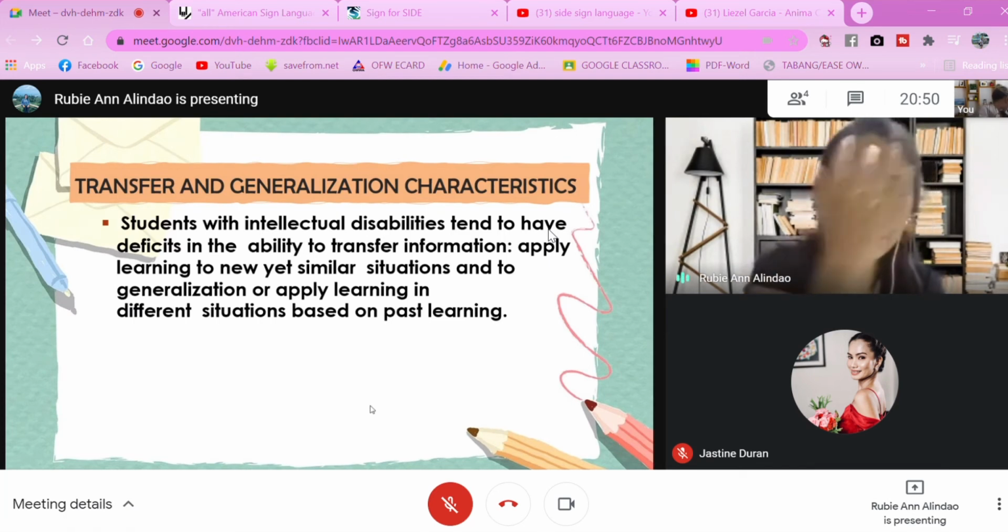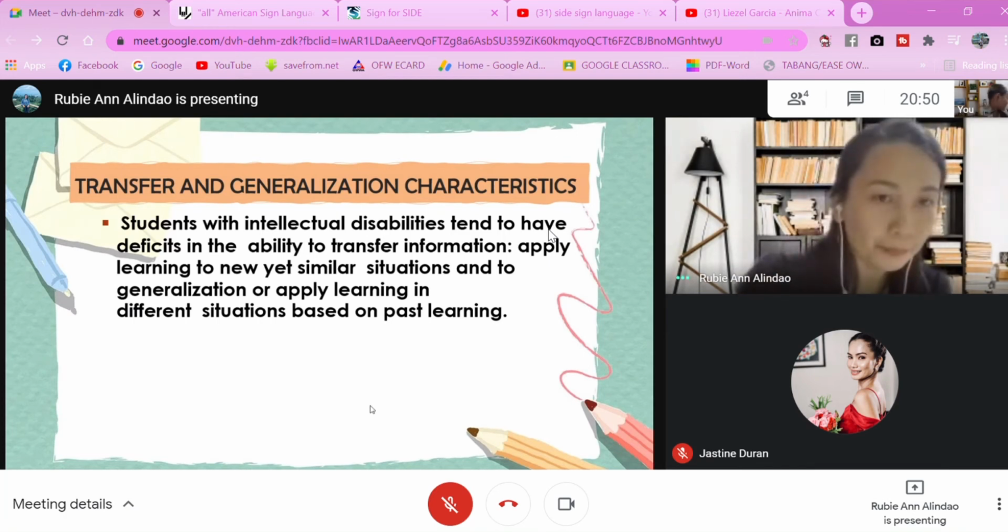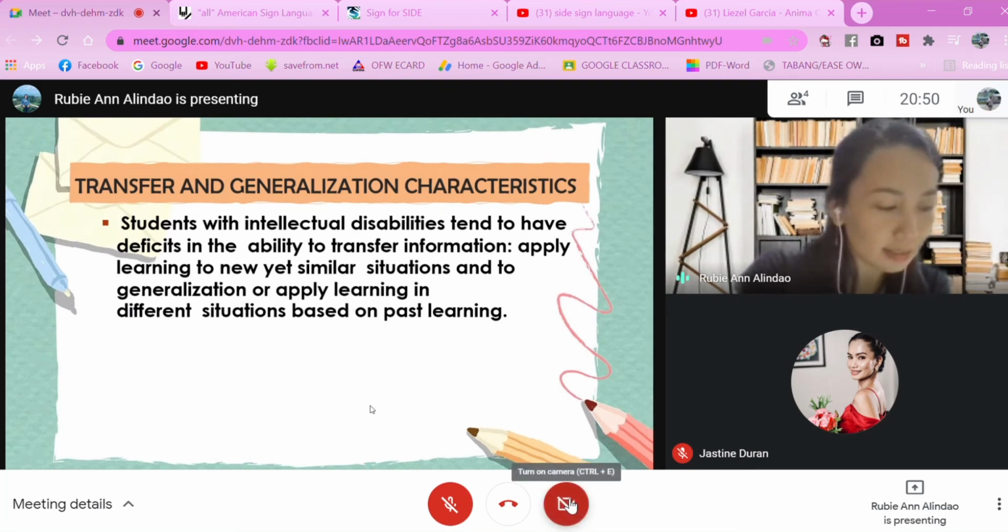An example is a student who might learn to use addition and subtraction with a calculator quite effectively in the classroom, yet still need additional instruction on how to use that skill while shopping in the community.